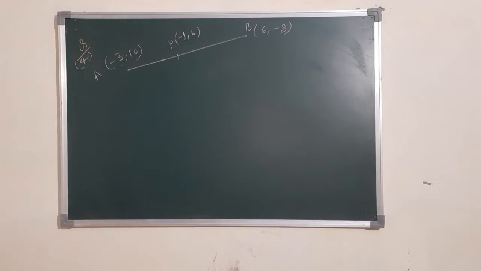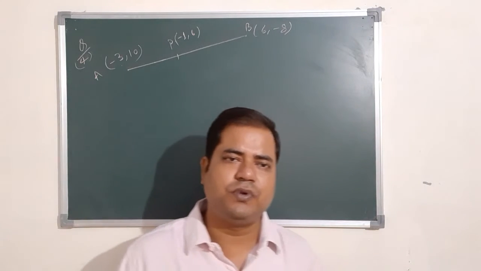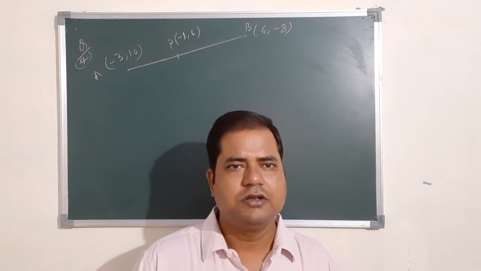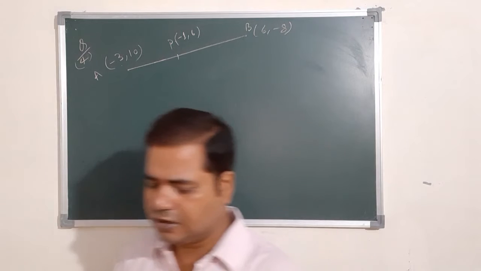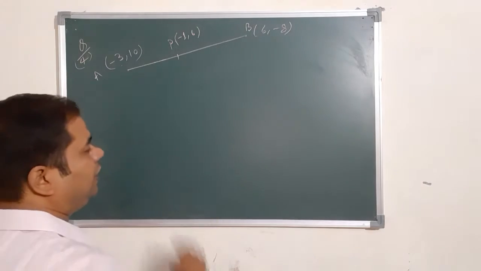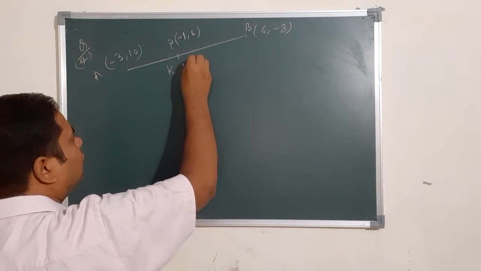That means the end points of the line are given, and the point which divides this particular line segment is given. So we need to find only the ratio. We have to find the ratio in which the point P divides the line AB. So suppose the ratio is K ratio 1.